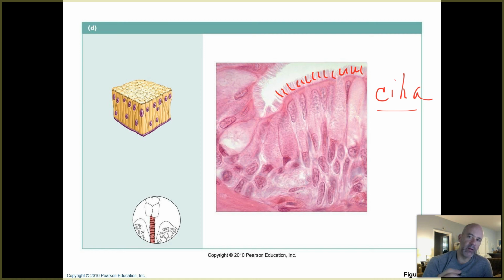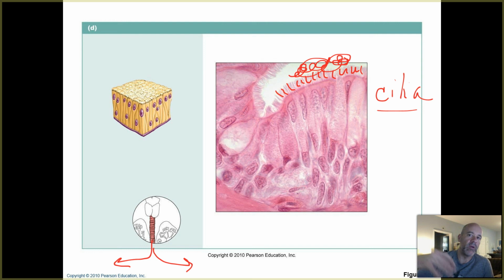And what those cilia do is they have a lot of mucus on them, and when you breathe in dust, bacteria, things like that, you have a lot of mucus up here along the lining, which traps those types of things for you, hopefully, so that they don't go down here deeper into your lungs. That would not be a good thing.